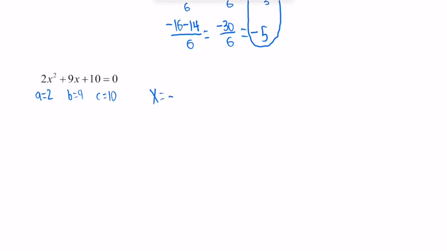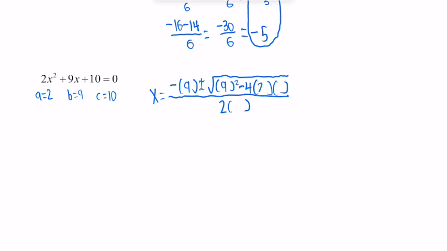So we'll start by setting up our quadratic formula, negative parentheses, plus or minus square root of parentheses squared minus 4 times parentheses times parentheses, over 2 times parentheses. B in this case is 9, so we'll put a 9 in those first two blanks.